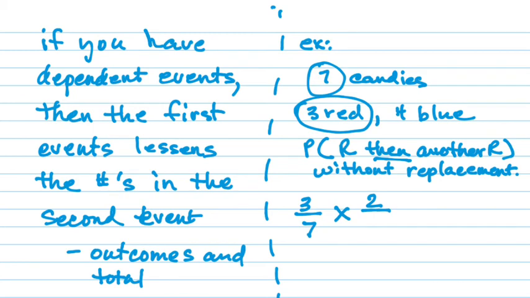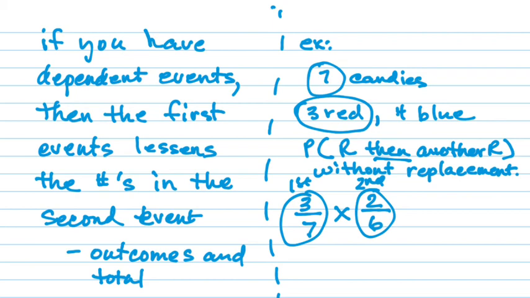And I've taken one of the candies out, so there are only 6 candies left in the bag. So do you see on the first draw, we have the full probability, but on the second draw, we have to account for the thing that we removed. So both the number of red candies and the total number of candies in the bag both went down by 1.